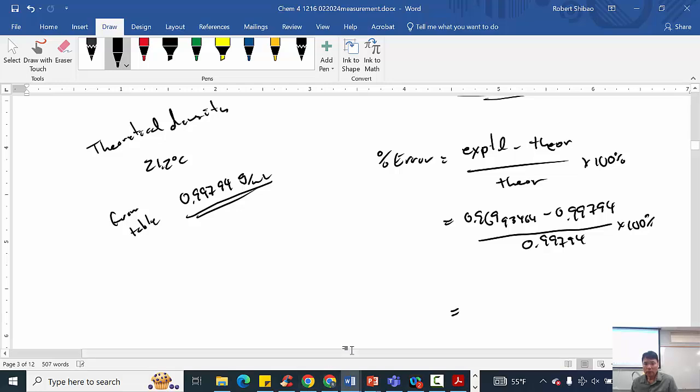I do this in two steps. Actually, this comes out to minus 2.806311701. But the two steps I'm going to do is, first I'm going to do the subtraction.